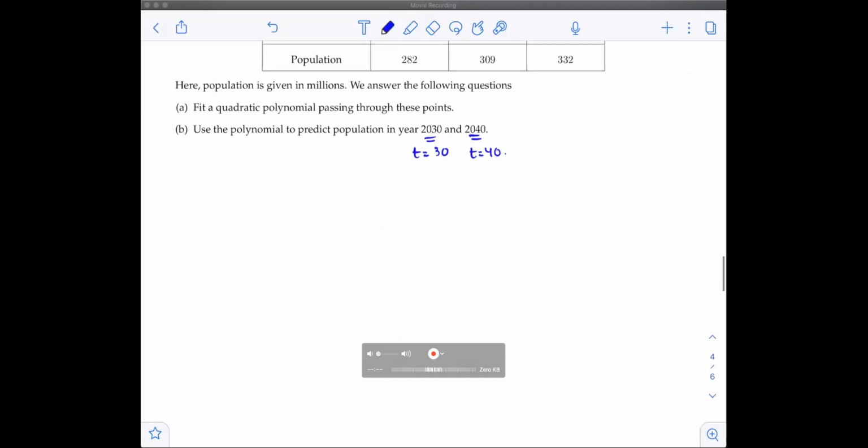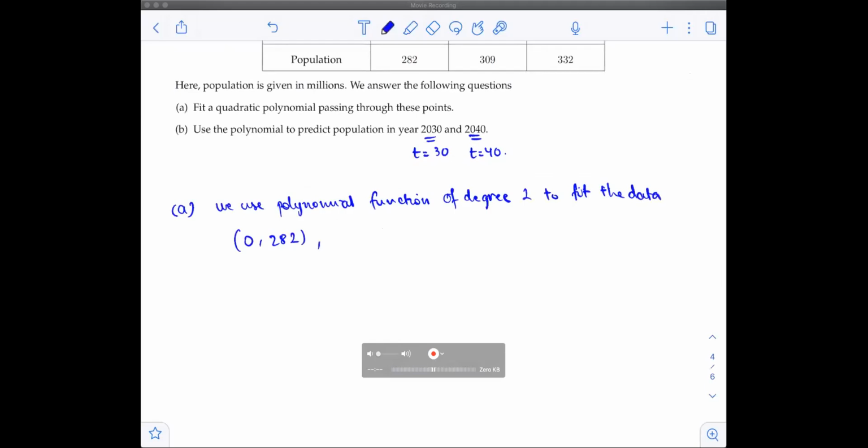Now in part A, we use a polynomial function of degree 2 to fit the data. The data is 0, 282. That's the first point. The second point is 10, 309.